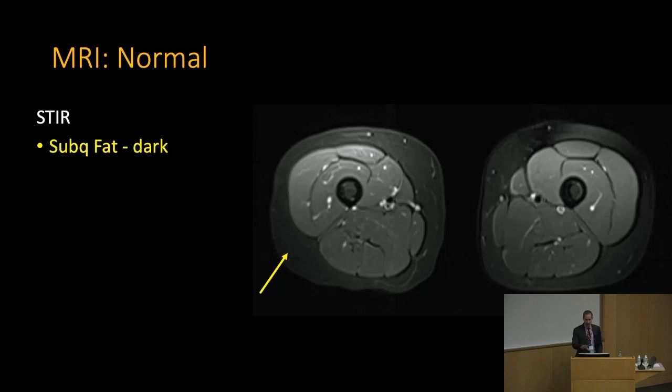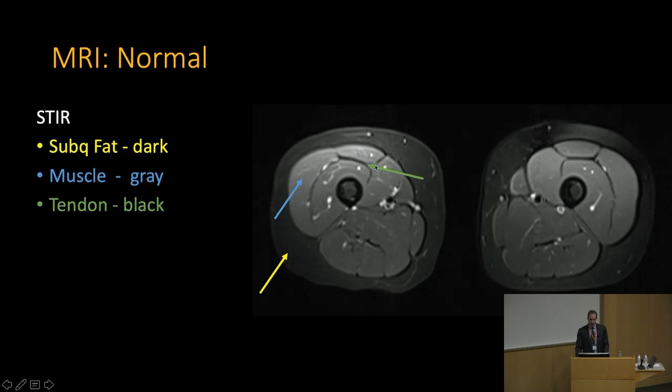And by the way, this is a normal MRI of the thighs. Muscle has this typical gray appearance. And you can see small white dots and little curvilinear white structures. These are just vessels, normal vessels in the muscles. In this area, we're looking at the quadriceps muscles, and we can see this black line.